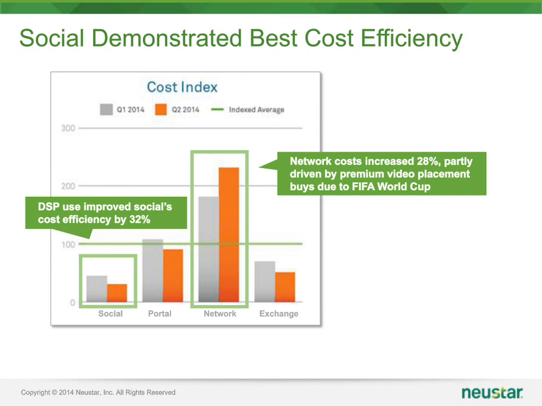And we also believe that the World Cup, which occurred in Q2, saw a lot of marketers investing in contextual buying, more premium-related content. It included more video placement, which, as we know, is several times more expensive than display ads, and was used really to drive brand awareness.